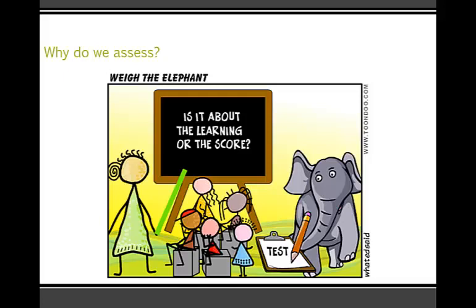On some level, though, from a broader picture, we assess because of the Elementary and Secondary Education Act. Often you'll see that referred to as ESEA. That's the policy that guides all of the funding and regulations around elementary K-12 education. Also, there's the No Child Left Behind Act, NCLB.